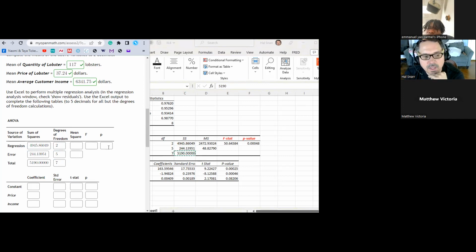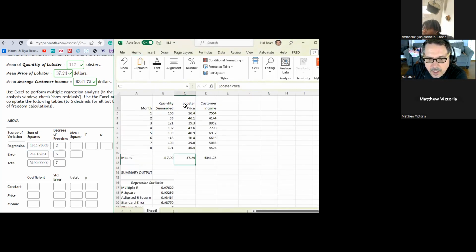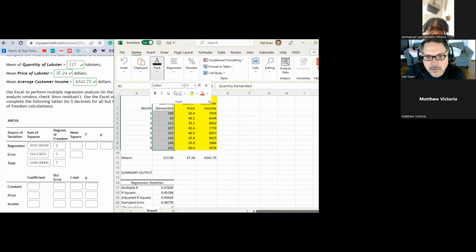Now, the 2 degrees of freedom for the regression, that's because we got 2 variables, right? Our X variables are these 2 things. There's 2 of them, right? This is our Y variable. This is the thing we want to predict.